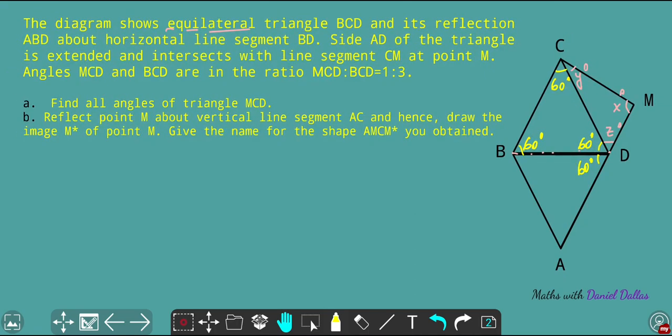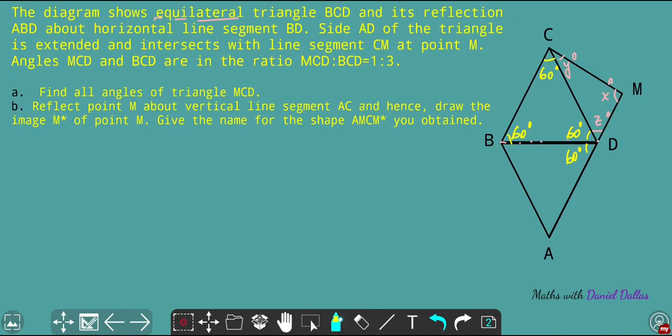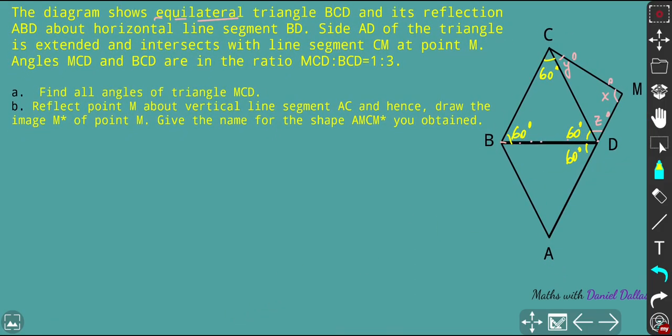I'm just going to squeeze it a little bit, and now we have plenty of space. Let's have a look at the angle D, which is an open angle, angle ADM.